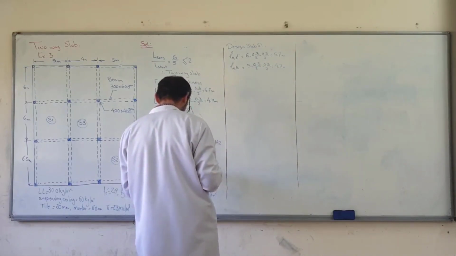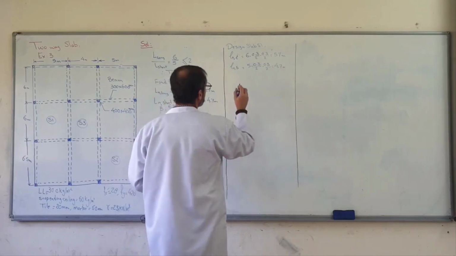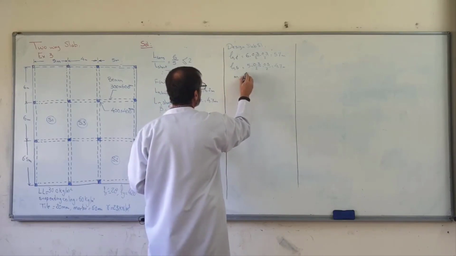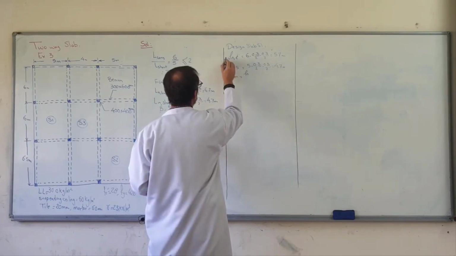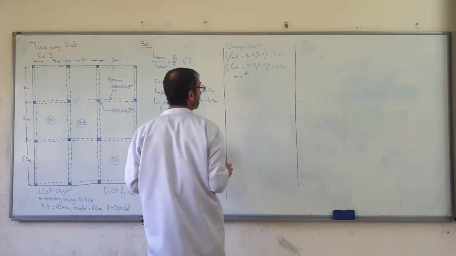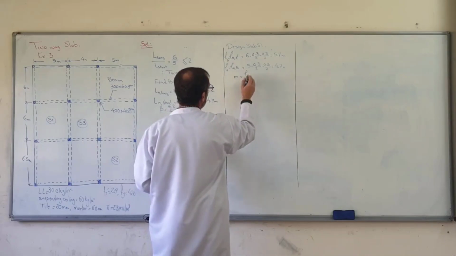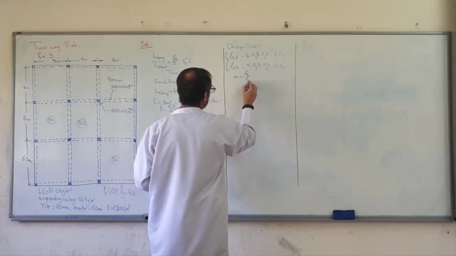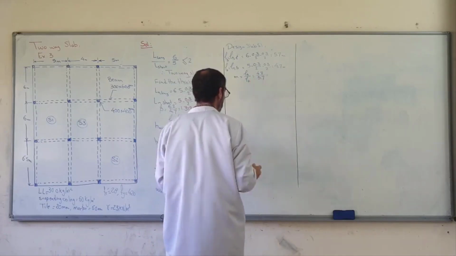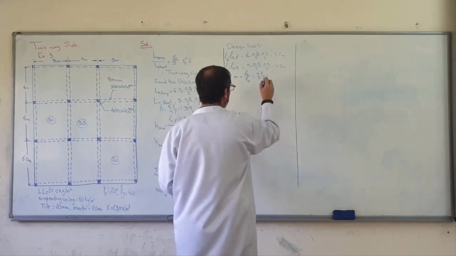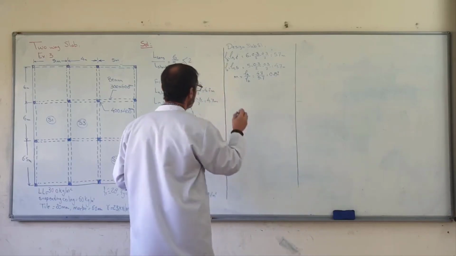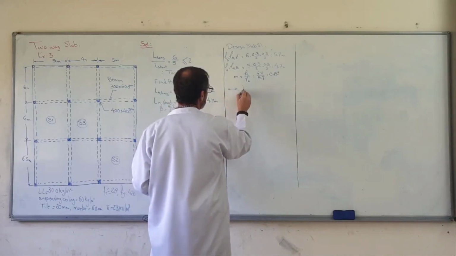Now we have the ratio m. La, short, over Lb, in order to go to the tables: La over Lb is equal to 4.7 over 5.7, and this is equal to 0.82.